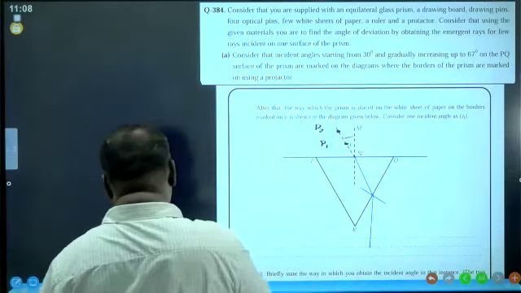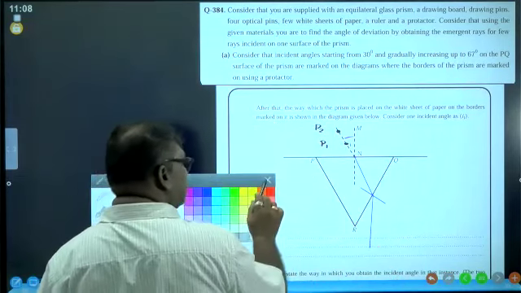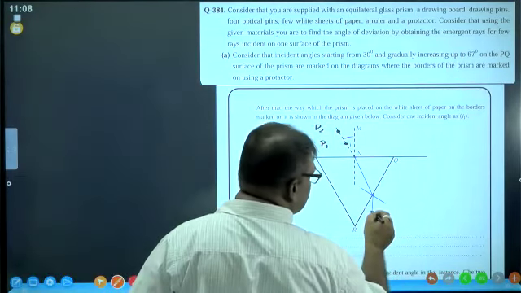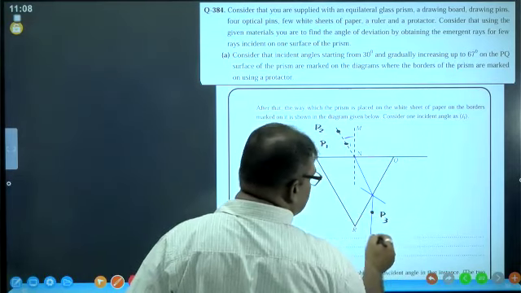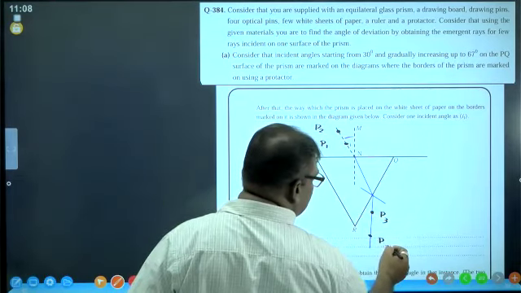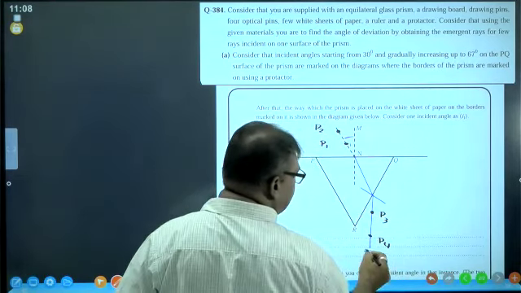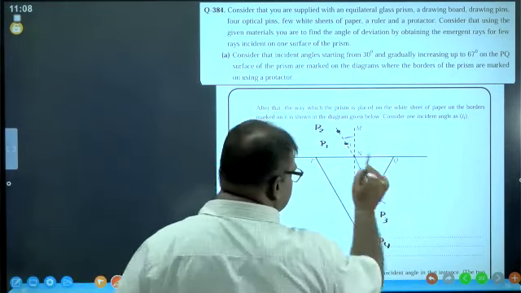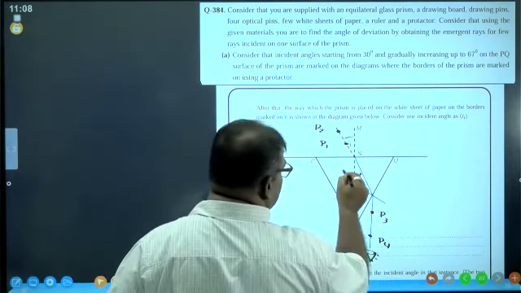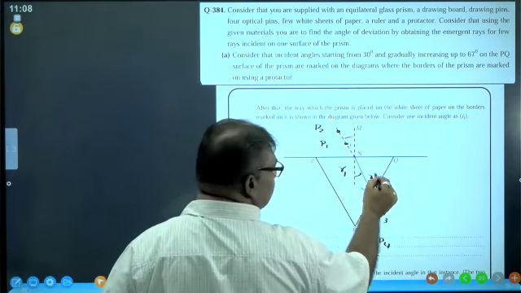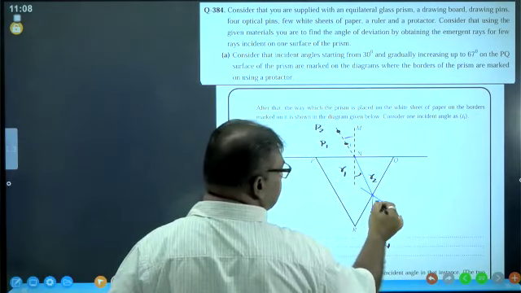And we have to put another two pins, P3 and P4, aligned with each other while looking through this side, no? Surface of PQ. So this is I1, here R1, here R2, and here I2.